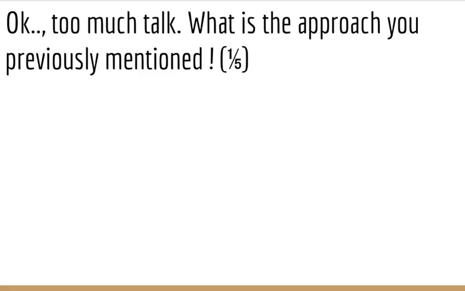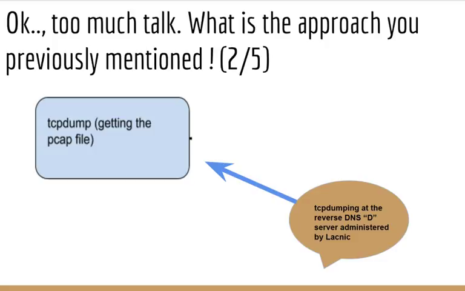Okay, basically, now I want to show you the approach that we took to do this. This is the second research about this topic. RIPE NCC did another one last year, but they did it in a different way. Basically, the first step that we did was just a TCP dump.